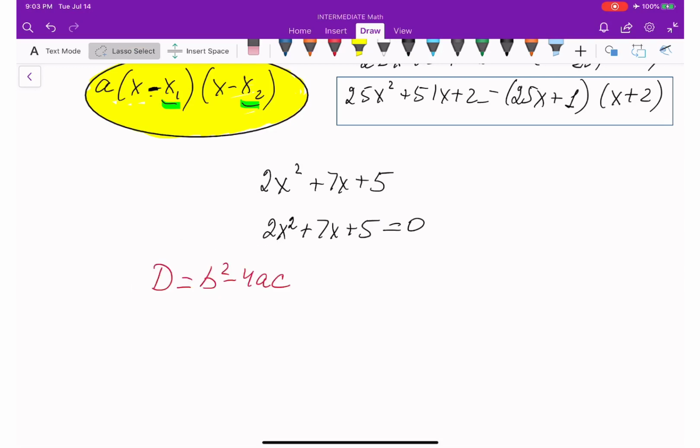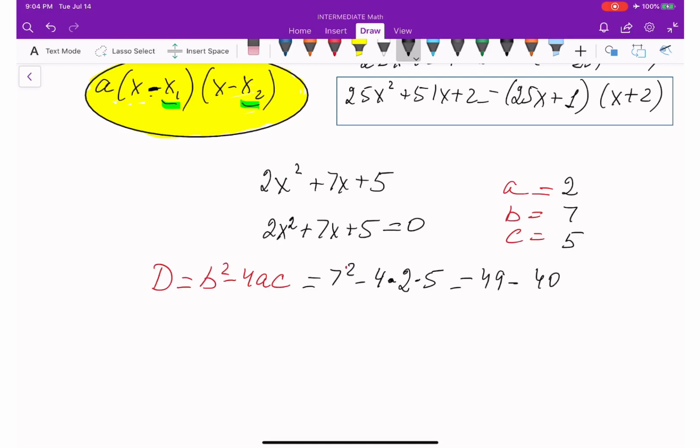So a, b, c: my a is 2, b is 7, c is 5. So b squared is going to be 7 squared, minus 4 times a, which is 2, times c, which is 5. So that is equal to 49 minus 40, which is equal to 9.